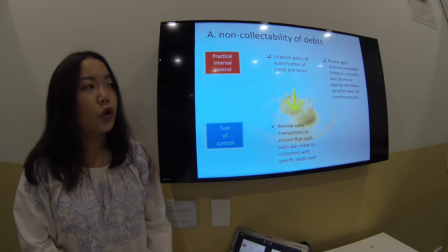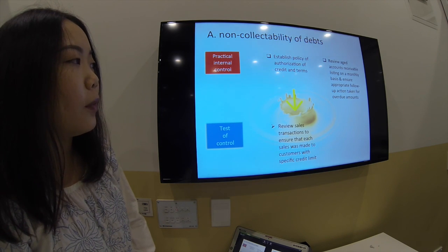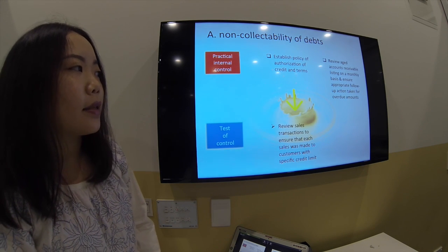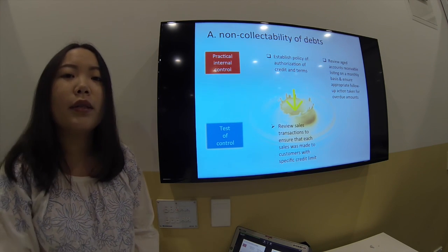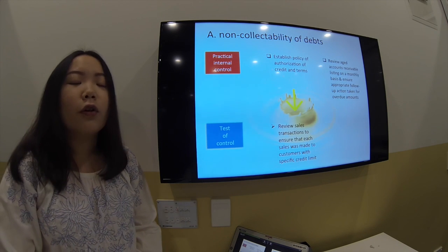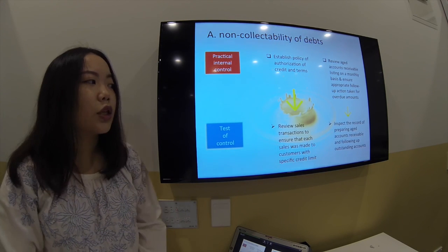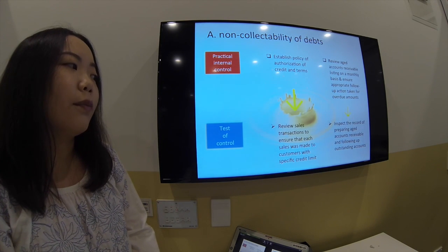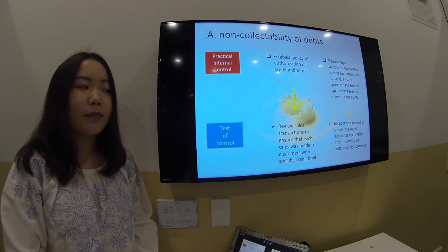And the second control I had in mind is reviewing the aged accounts receivable listing on a monthly basis, and ensuring appropriate follow-up action is taken for overdue amounts. And I would say it's a detective control because those overdue amounts have already appeared on the financial report. To test this control, we can expect the record of preparing aged accounts receivable and following up outstanding accounts.